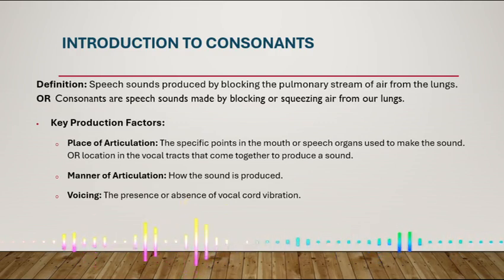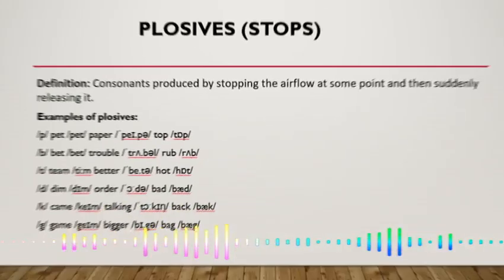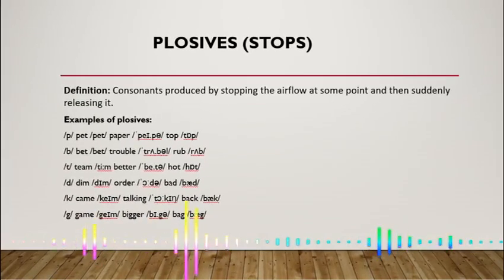So let's move on to our focal area, which is plosives and then fricatives. And these fall under the manner of articulation, how these consonant sounds are produced.